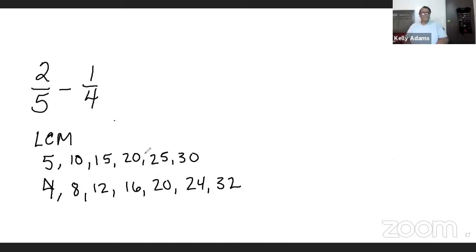Which one do they have in common? 20, and that is it. So if those ones they have in common, the common denominator will be 20, not what y'all putting in there.